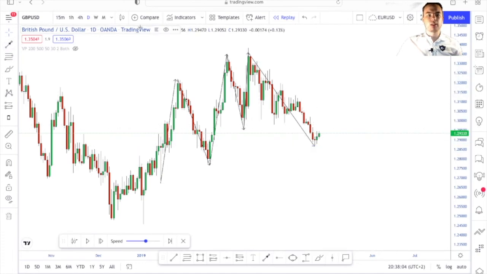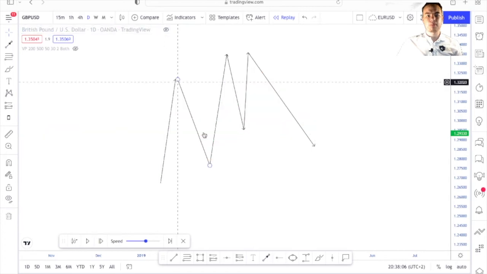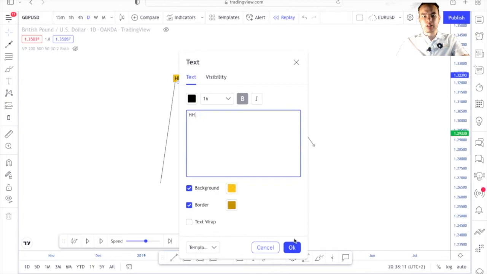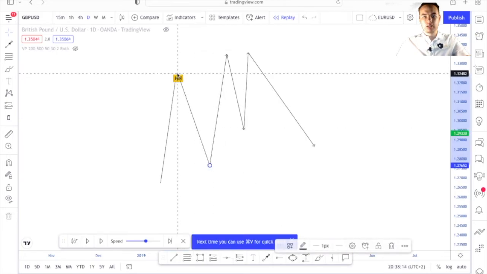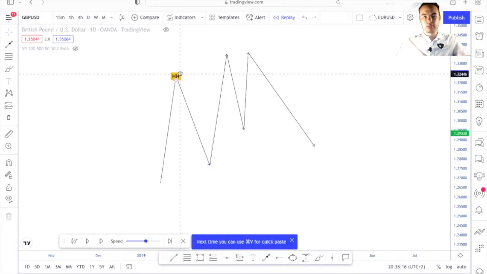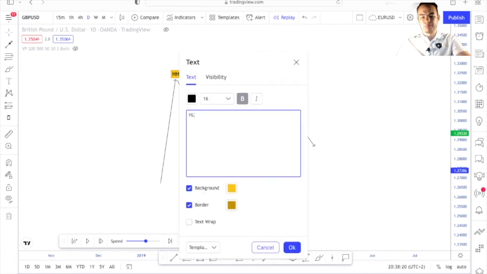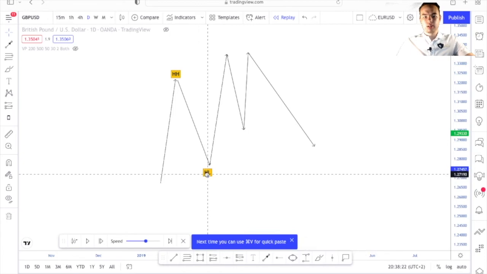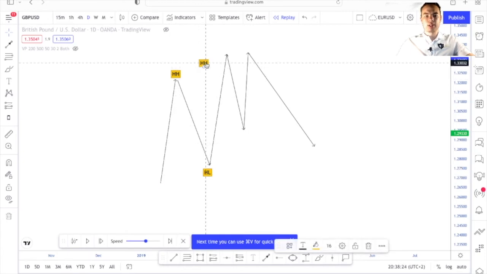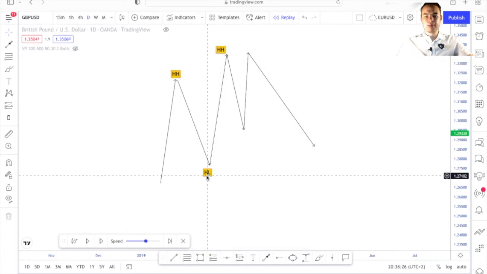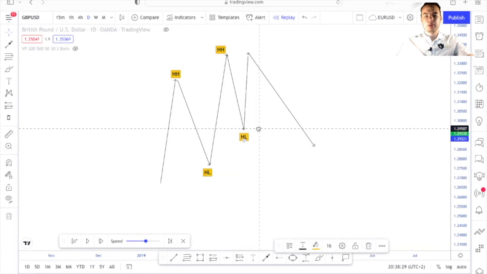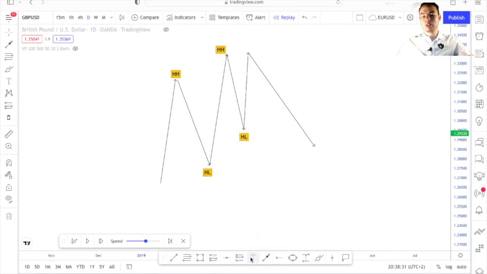Okay, so let me do this. So would be higher high, sorry, higher high, higher low, then it would form another higher high, another higher low, then equal high.